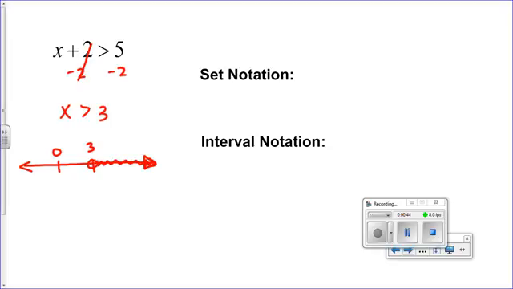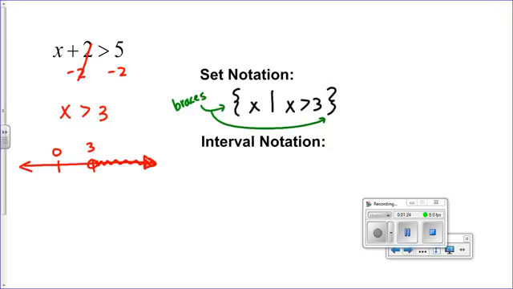Okay, so for set notation, uses these braces. So they look kind of like curly brackets. So here is our set notation. So let me explain. We're going to use braces at the beginning and end.